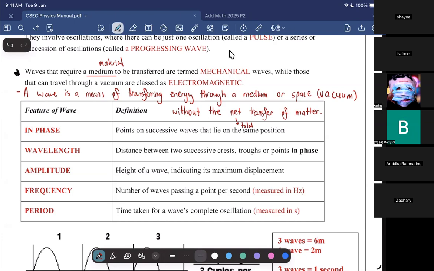Now, if radio waves were a mechanical wave, wouldn't it be very concerning? Think about it. First of all, do radio waves travel kind of far? For you to be able to go nearly anywhere in Trinidad and pick up a radio signal, radio waves must travel a decent distance.